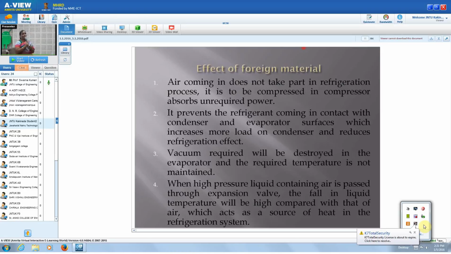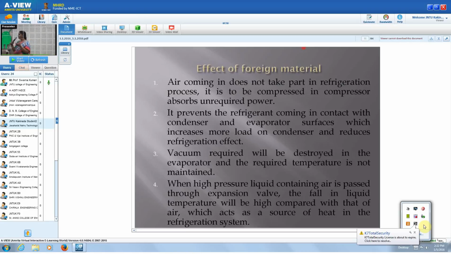When high pressure liquid containing air is passed through the expansion valve, that is, when high pressure liquid coming from the condenser is passed through the expansion valve, the refrigerant will be expanded to a lower temperature and pressure, but air may not expand.